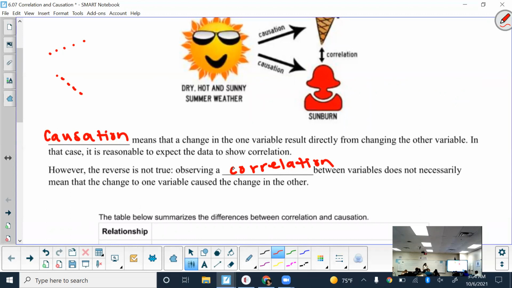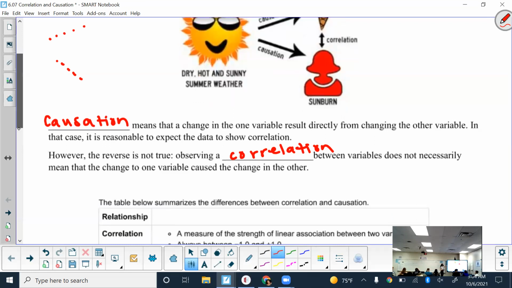Like I know in the past, one of the students conducted a survey, and there's not supposed to be a correlation between these two things, but there just happened to be a correlation between students' height and the number of siblings that they have. Right? Those don't directly cause each other, but there just happened to be a correlation between them. So just because there's a correlation, that does not mean that there's causation.